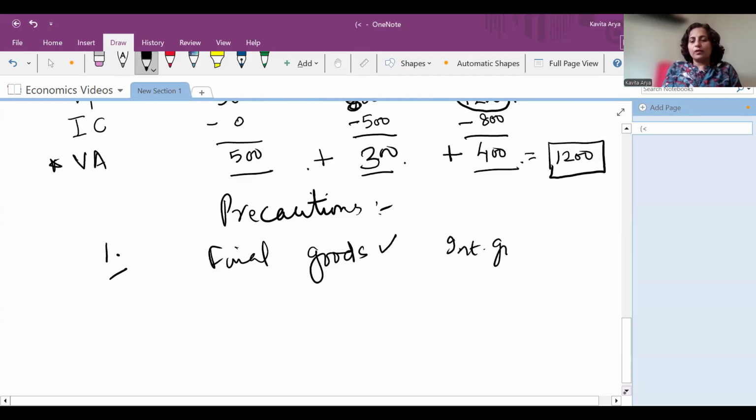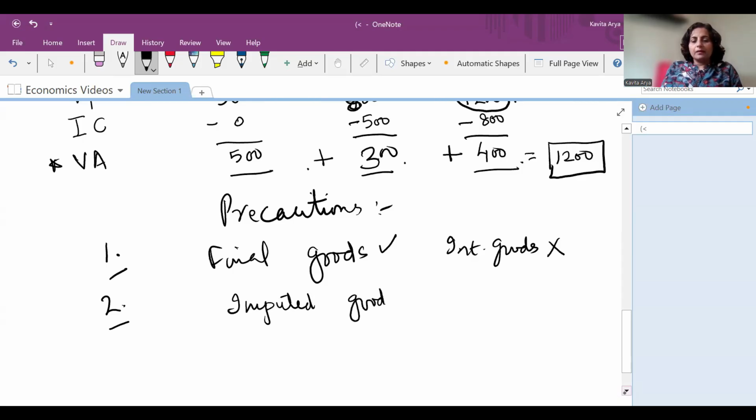Intermediate goods would never be taken in the calculation. Second precaution is we go for the imputed value of goods that is taken into calculation, but imputed services are never ever taken. Imputed services like the services of the owner.